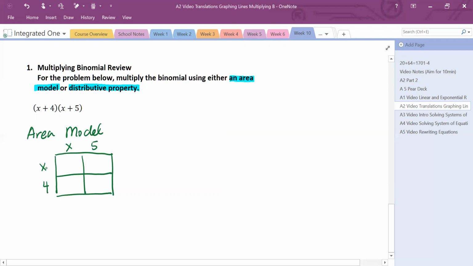So now for my area model, remember it's length times width. So I'm multiplying what the length is times the width of all my small boxes. So x times x is x squared. x times 5 is 5x. 4 times x is 4x. And then 4 times 5 is 20.